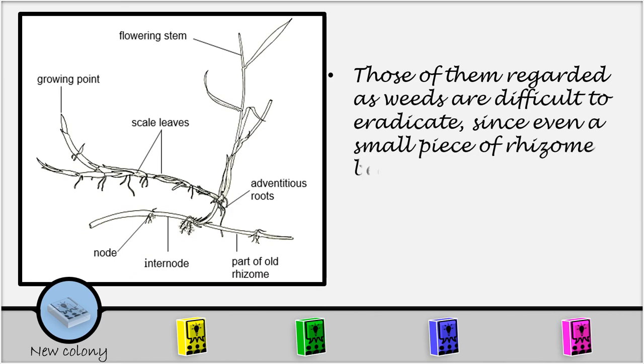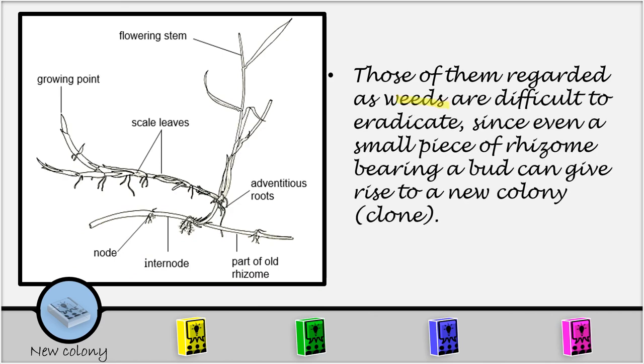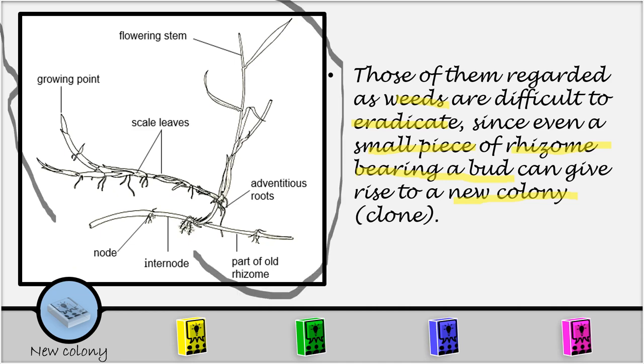Those of them regarded as weeds are difficult to eradicate, since even a small piece of rhizome bearing a bud can give rise to a new colony or crowns. Now, if you look at this grass of ours, the grasses that grow by vegetative propagation are very difficult to eradicate.